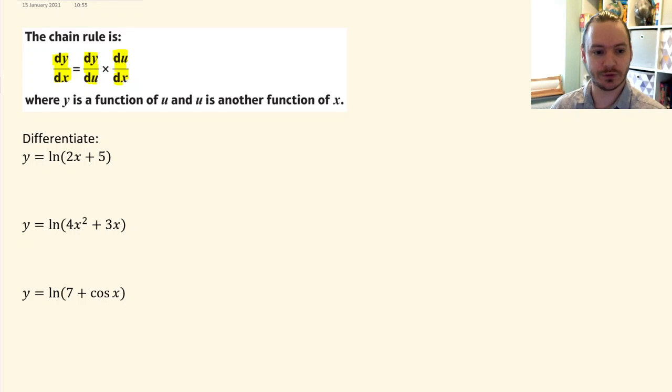Okay, so the first one, y is natural log of 2x plus 5, so u is 2x plus 5, so dy by du equals, well, this is y equals ln u, so it's just 1 over u, and du by dx is 2, differentiating 2x plus 5 gives us 2.